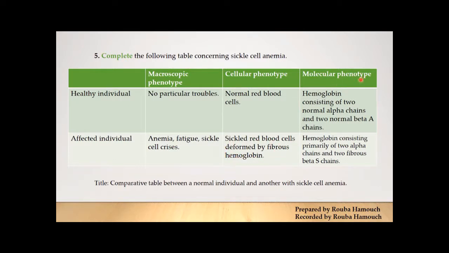Now, as for the molecular phenotype, in the healthy individual, the hemoglobin is normal, consisting of 2 normal alpha chains and 2 normal beta chains, beta A chains. Whereas the hemoglobin in sickle cell anemia consists of 2 alpha chains and 2 fibrous beta S chains. Don't forget to put a title for the table.